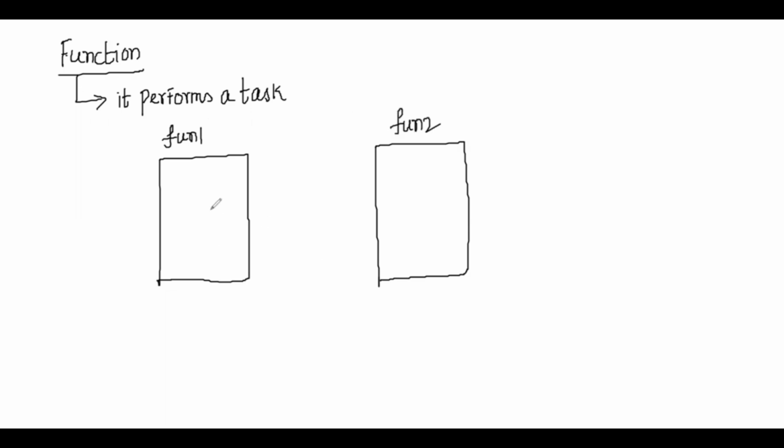Now function 1 is calling function 2. How this can happen is that simply write fun2 of, and just write the parameters here. Whatever parameters you want to pass from function 1 to function 2, you can pass here. Let us suppose a, b are the parameters.